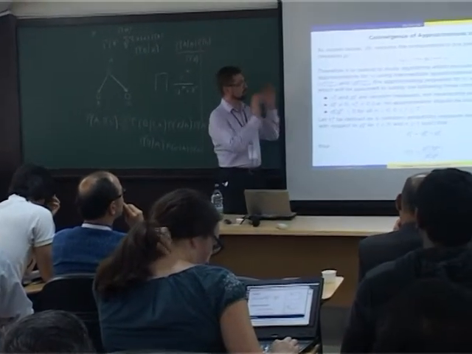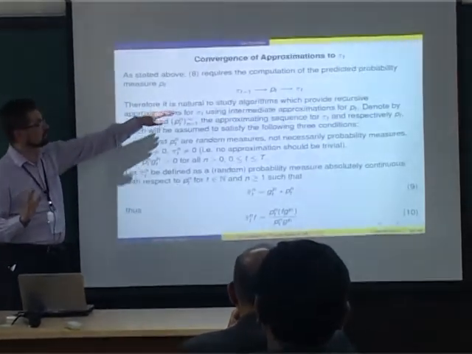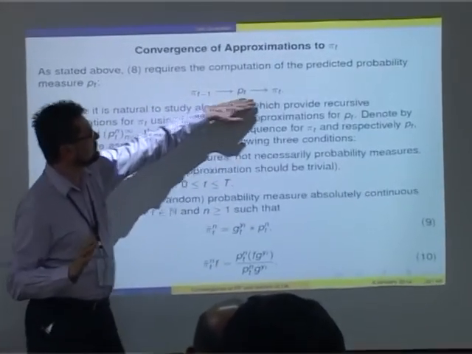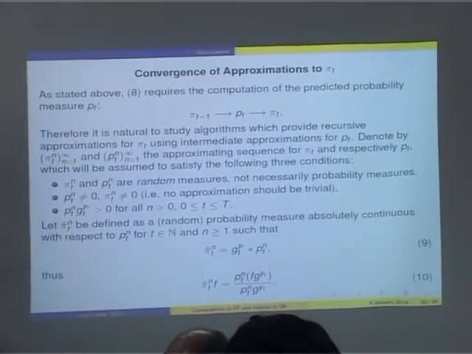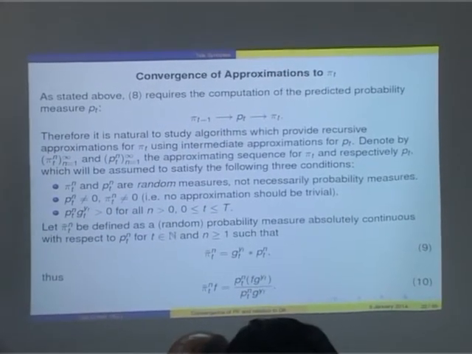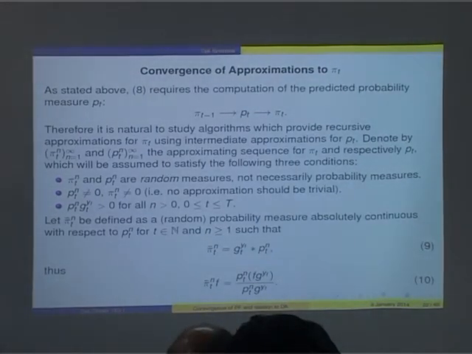So now comes the theorem. The gist of the theorem is as follows. I know the way in which pi t evolves, and if I come up with an approximation, the approximation should evolve very close to the way in which pi t evolves. It's a very natural thing, right?